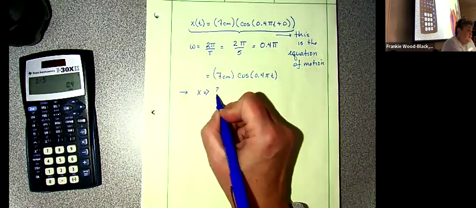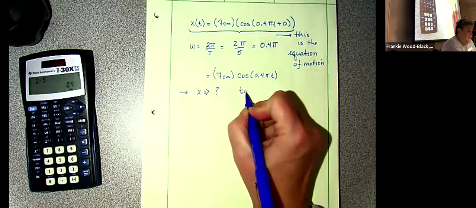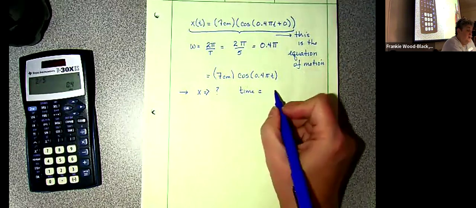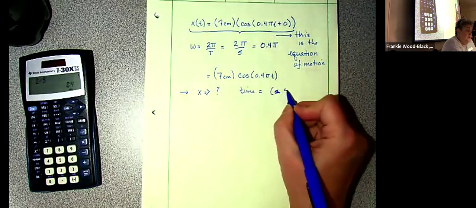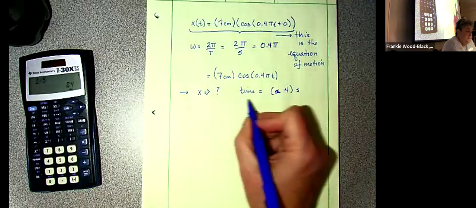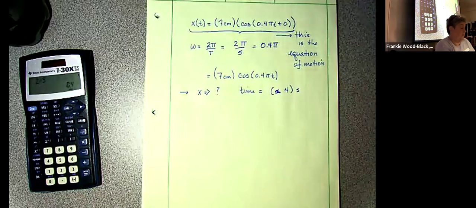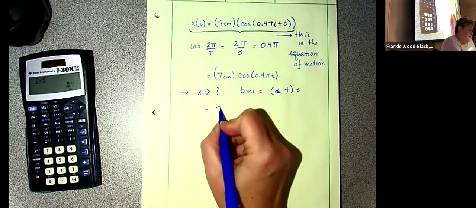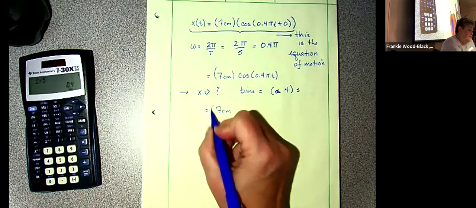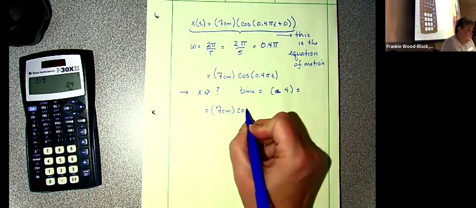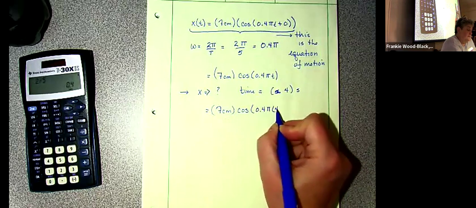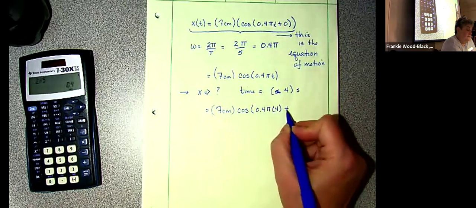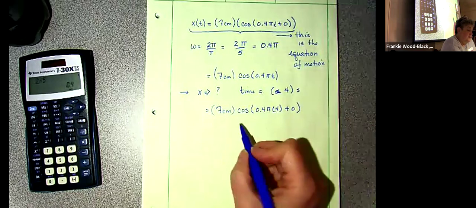What is the X when time is equal to, let's do at 4 seconds. Okay, so I'm going to go in here and I'm going to plug it in. Because there's a 0 there.